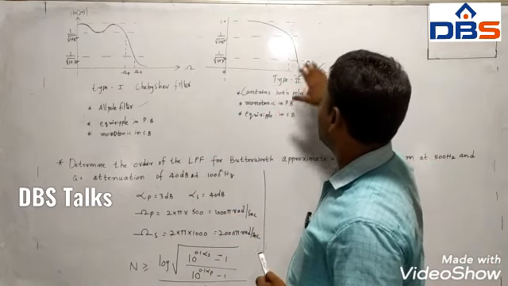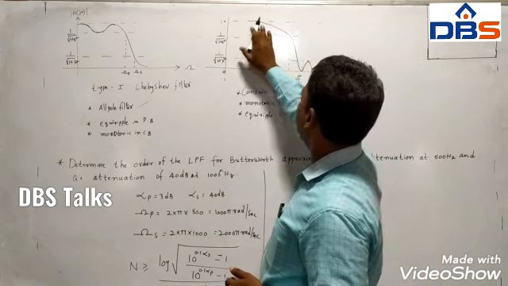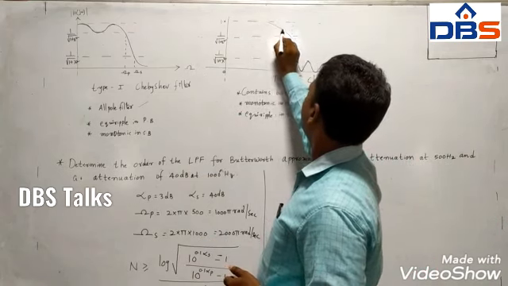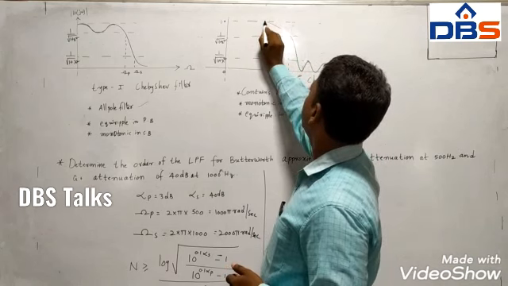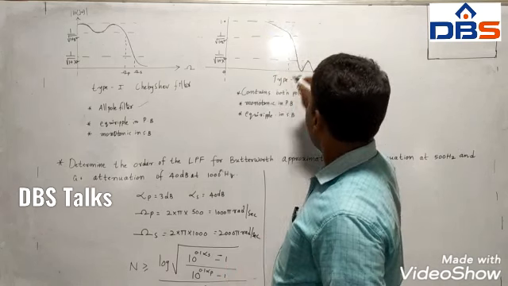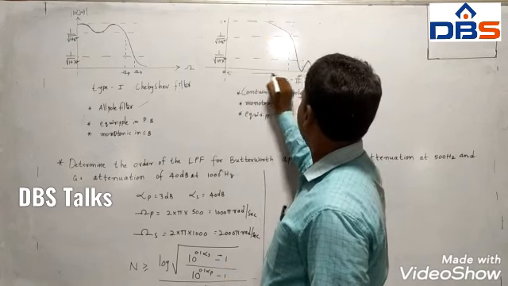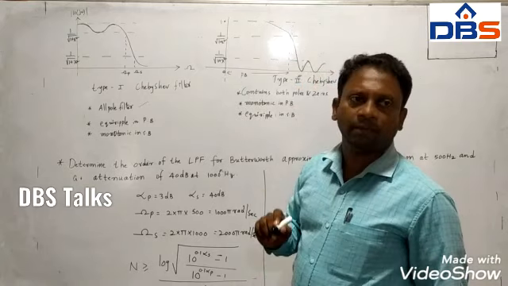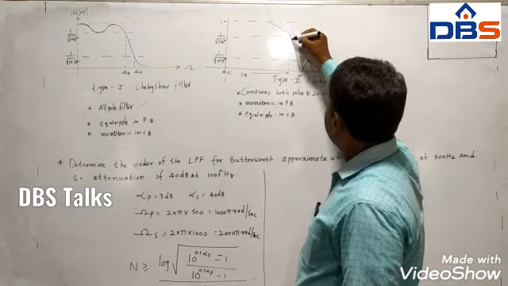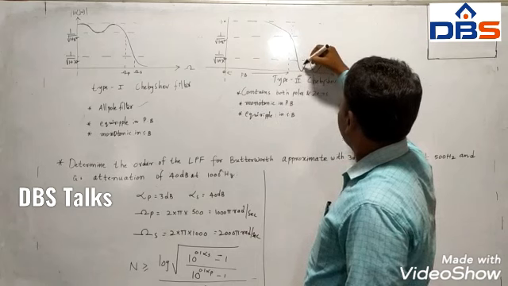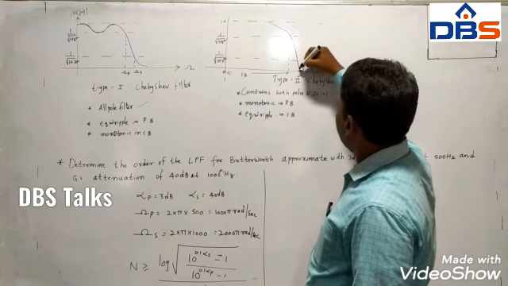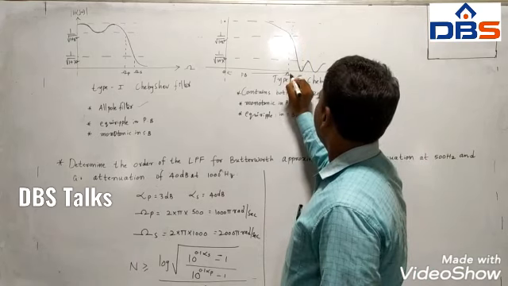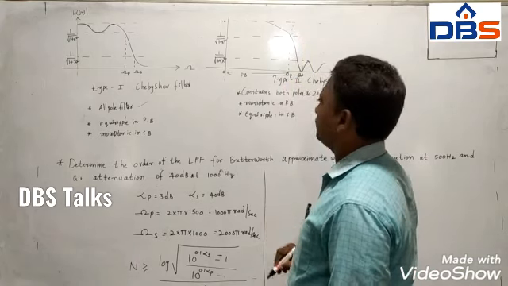And coming to the type 2 Chebyshev filter, the magnitude response in this filter is monotonic in the pass band. As I already told you, from here to here it is the pass band. It is a monotonic decreasing function in the pass band. Up to the transition band it is monotonic, and this is the pass band edge frequency, this is the stop band edge frequency.